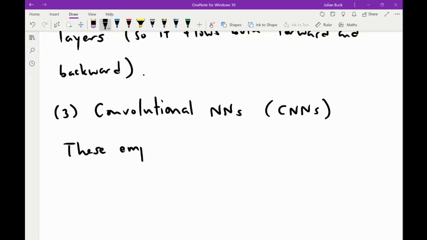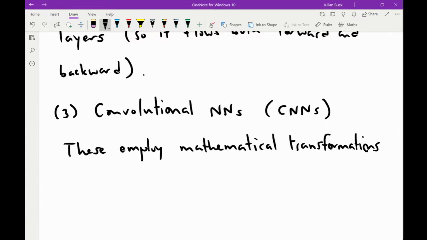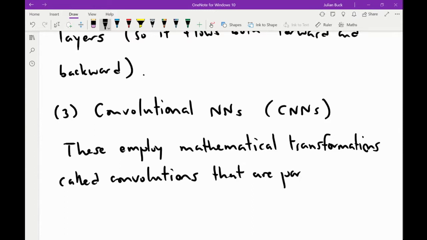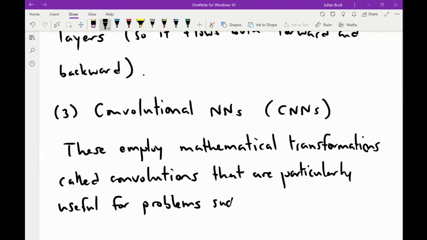So these employ mathematical transformations called convolutions that are particularly useful for problems such as image and sound processing.